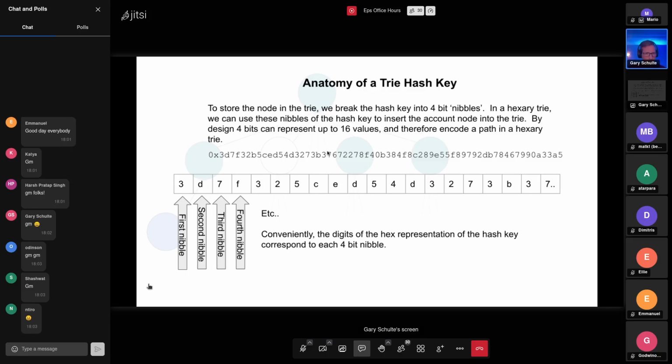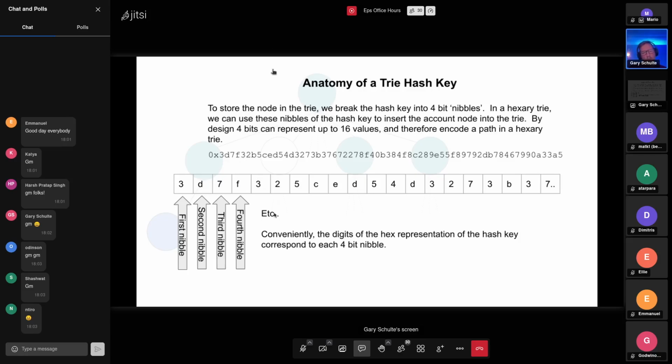It's not convenient, it's by design that 4 bits determine 16 different potential values. What's convenient though is the hex view of that hash happens to present as nibbles. Like the first 4 bits of this address is 3, and the second nibble is D, and the third is 7, and the fourth is F, etc.